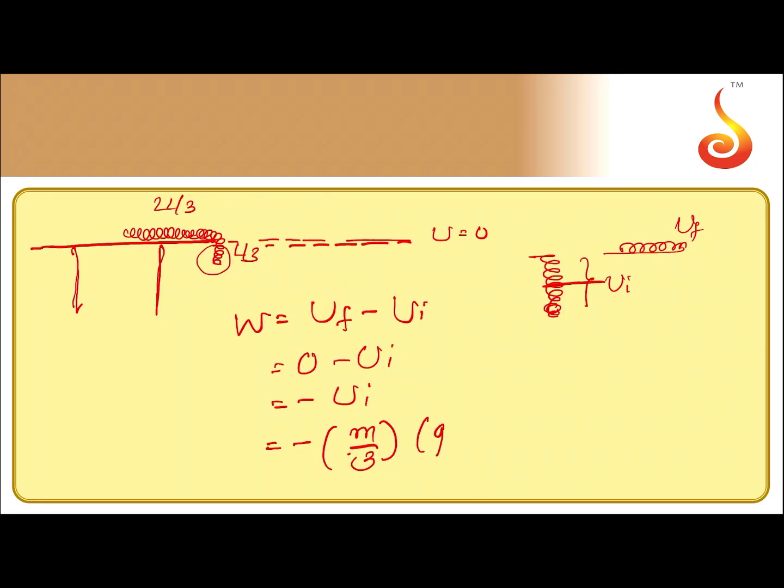And g is the acceleration due to gravity. And where is the center of mass? L by 3 is the length of the hanging part, and therefore half of it corresponds to the center of mass. So this is half of L by 3, that is L by 6. Or this is minus L by 6 as I am moving in the downward direction. So this becomes MgL divided by 18.